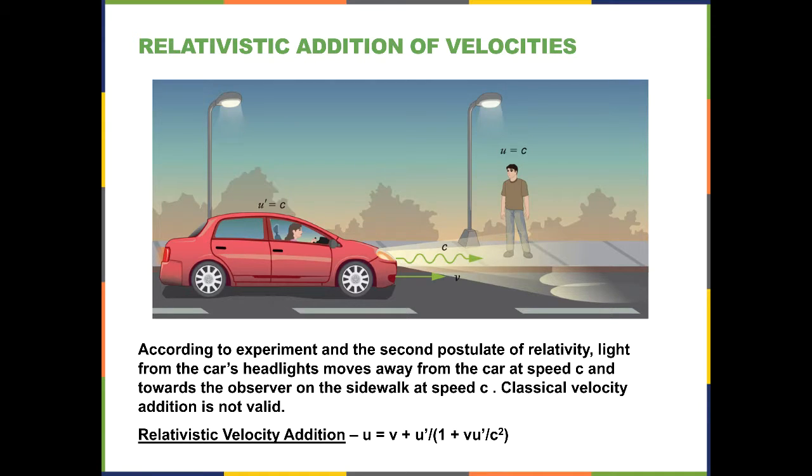So relativistic vector addition is shown here, so that the observed velocity is now not just equal to the sum, but it is equal to v plus the additional velocity as corrected by the effect of light and the fact that light is unaffected by the relative speeds of the two objects moving. And that's what this formula is. It's u equals v plus u prime over 1 plus v times u prime over c squared.